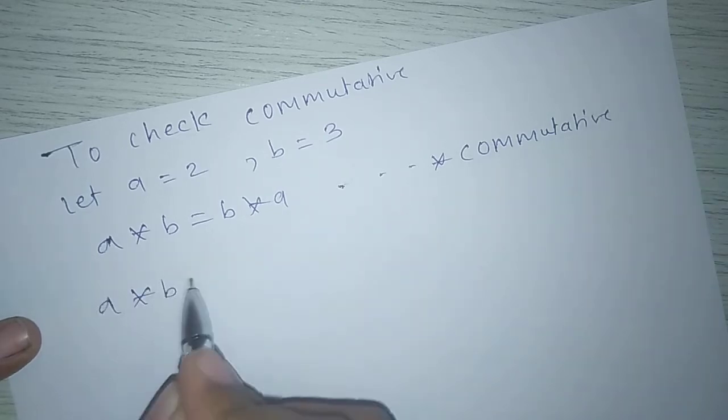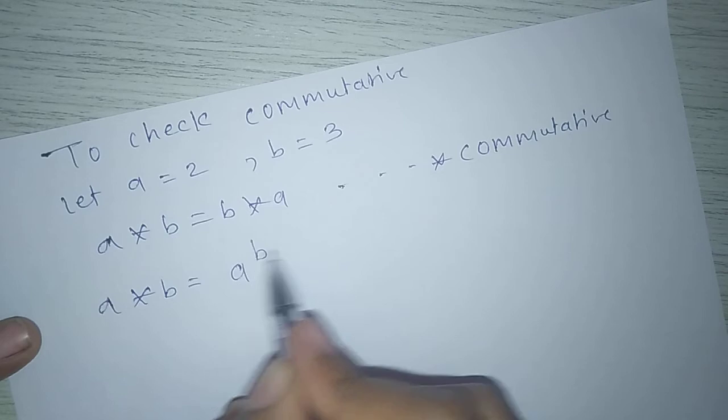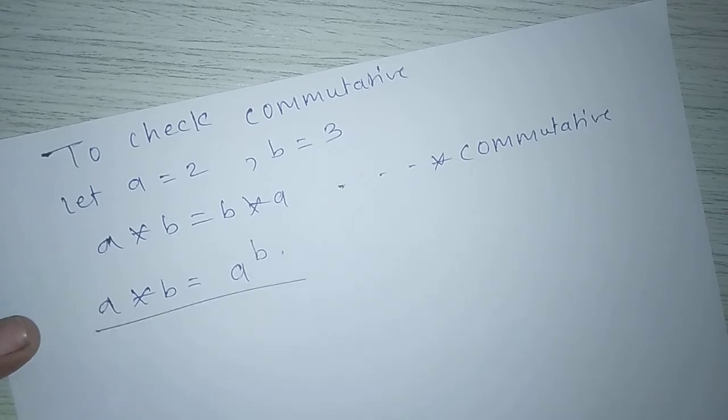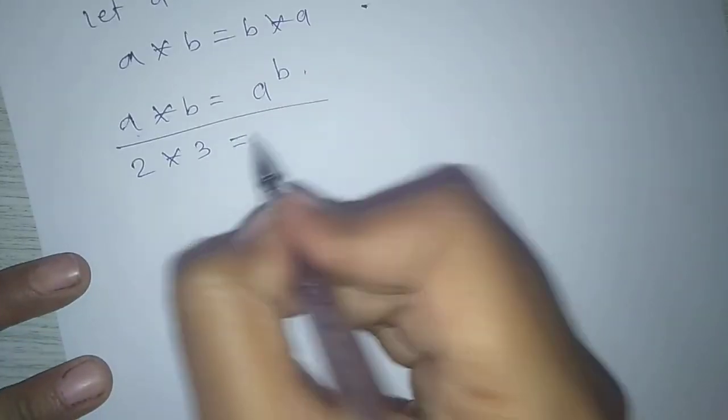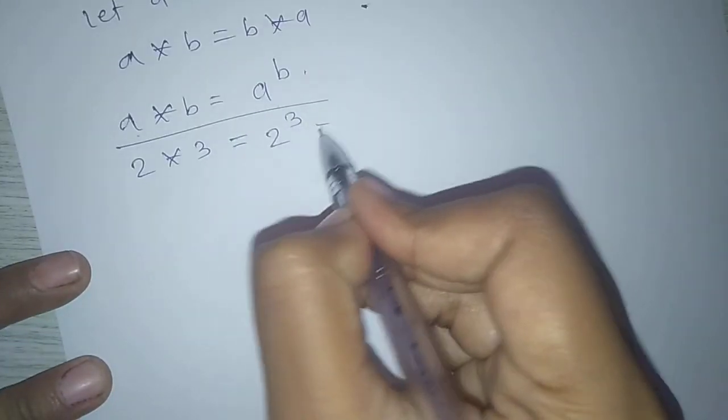A star B equal to A raised to B. This is the given definition of star. A is 2, B is 3, which is equal to 2 raised to 3, which is 8.